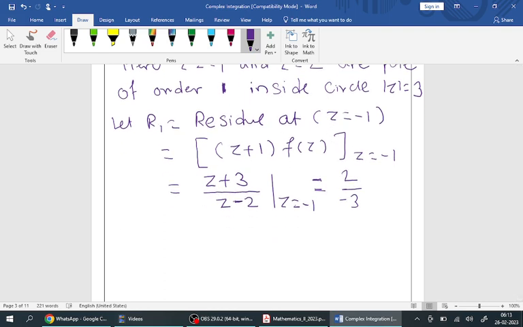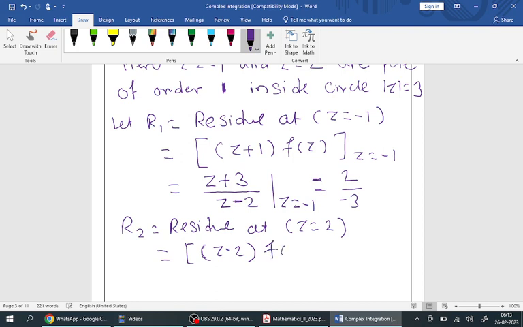Similarly, R2 is the residue at z equal to 2, the second pole. In exactly the same way we take (z minus 2) into f(z) at z equal to 2.